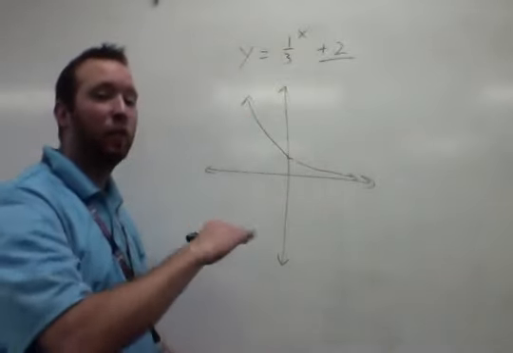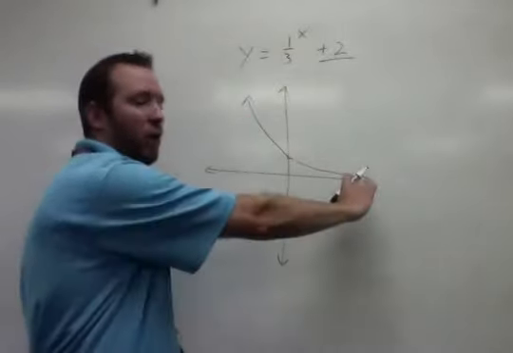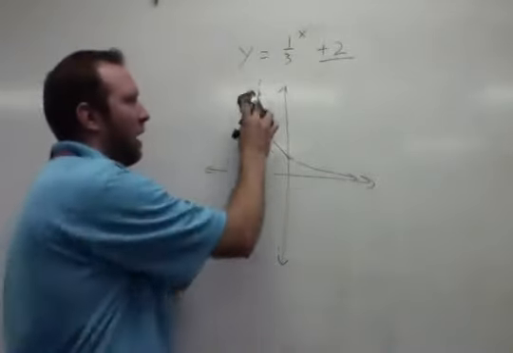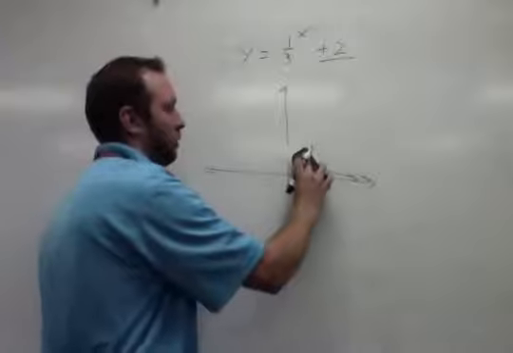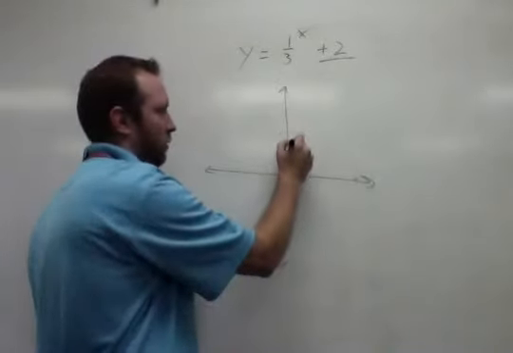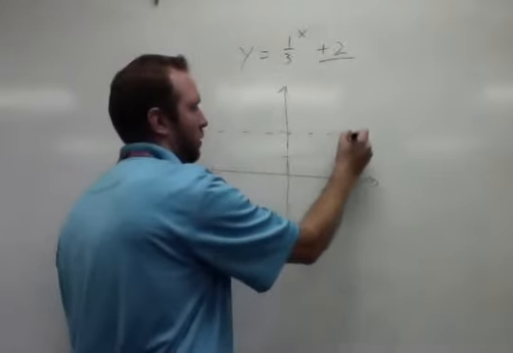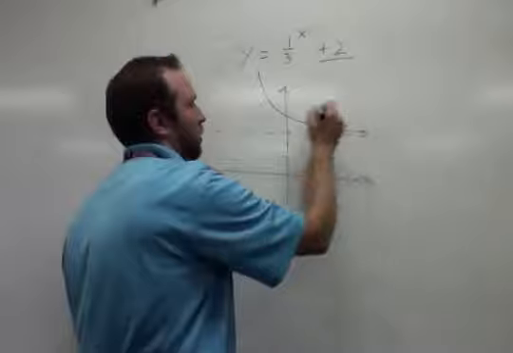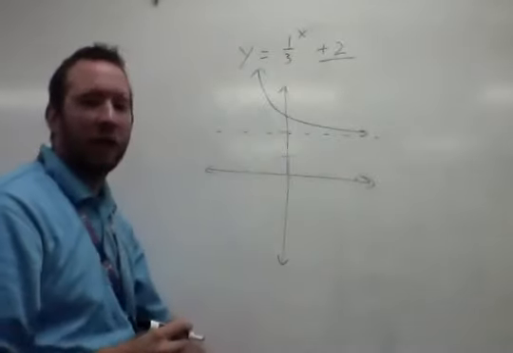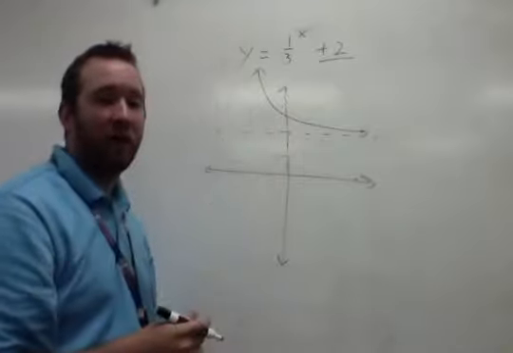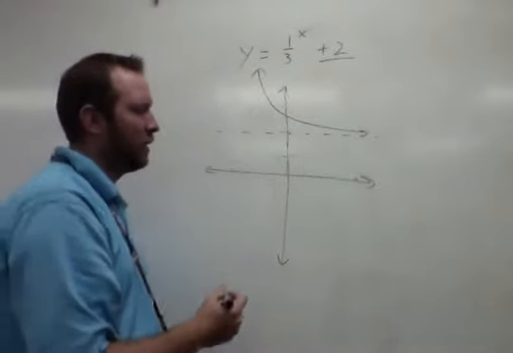And the key thing is that moves that asymptote from being at y equals 0 up to y equals 2. So my new graph is going to look something like that. Still exponential decay, but again, I've shifted that graph up. Okay, so here are some key things.